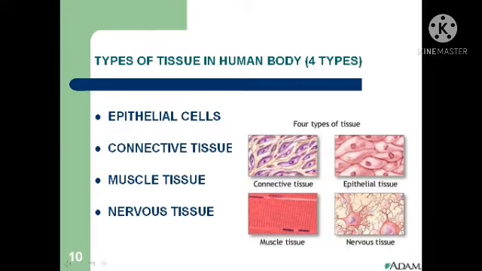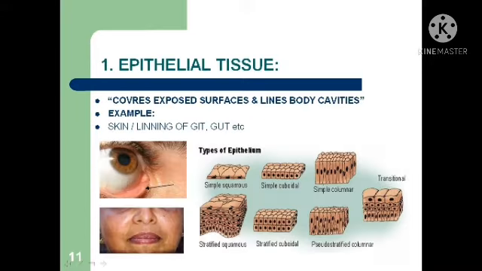Okay, the four types of tissue: the epithelial, the connective, the muscle tissue and the nervous tissue. We will briefly go through them. The epithelial tissue covers the exposed surfaces and lines the body cavities.